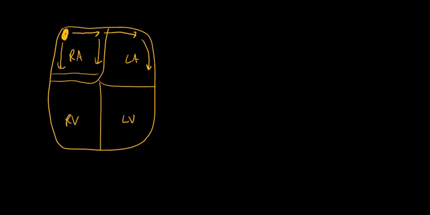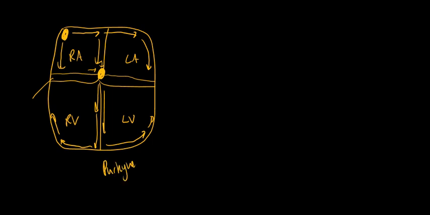However, the bottom part of the atrium here has tissue which is unable to conduct the wave of excitation. So we have another group of tissue here which responds to this signal and produces its own wave of excitation, which results in the contraction of the ventricles from the base up through what we call the Purkinje fibers, Purkinje tissue, and this separated part in the middle here is called the septum.